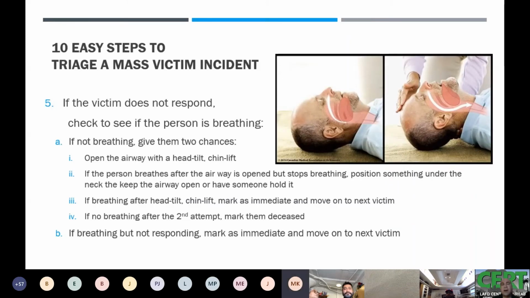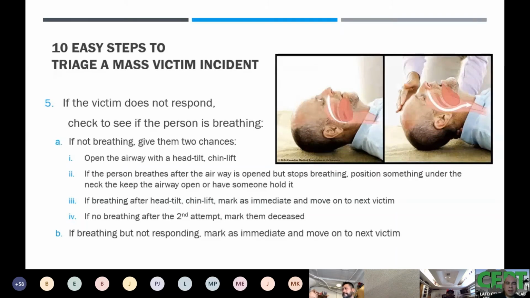If they're not breathing, now is the time to attempt to open their airway. It might be as simple as what's called a head tilt chin lift. The tongue is a muscle that, when it's relaxed because you're unconscious or something else, can actually block your airway. You can't swallow your own tongue, but just by pushing down on the forehead and lifting the back of the neck, you can open the airway by moving the tongue out of the way.